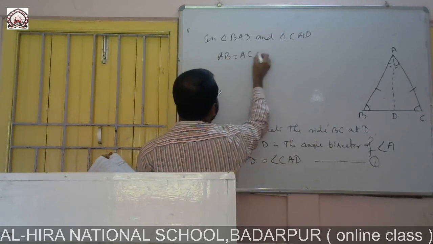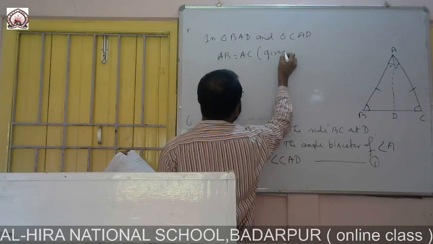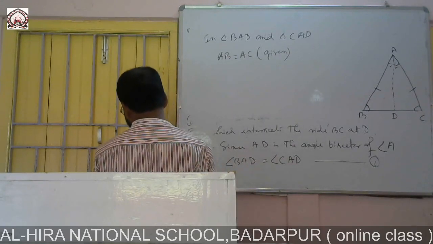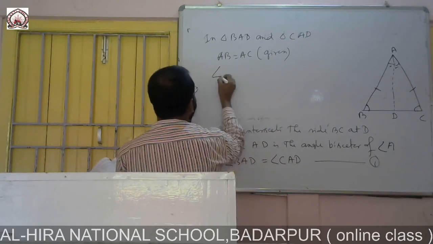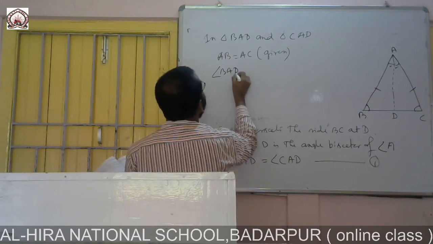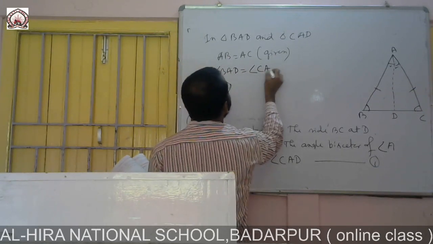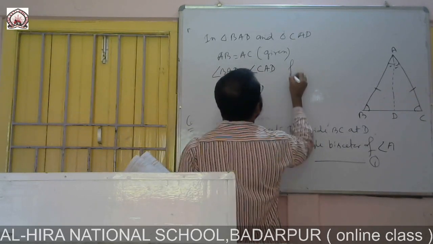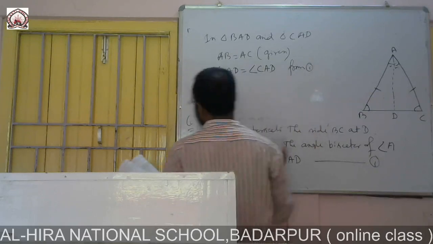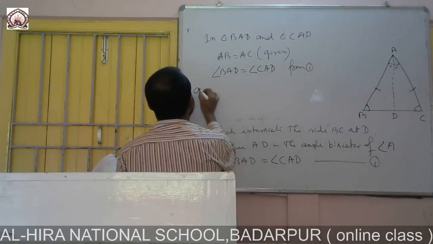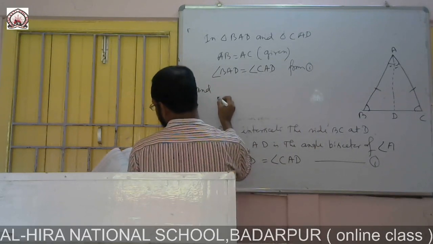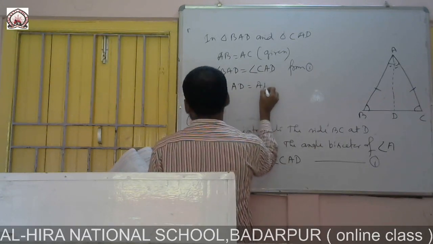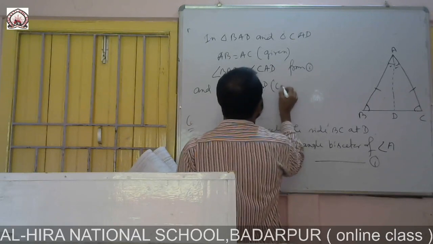Why? Because it is given, it is an isosceles triangle. And angle BAD is equal to angle CAD, from 1 we are getting. And AD is equal to AD, common side.